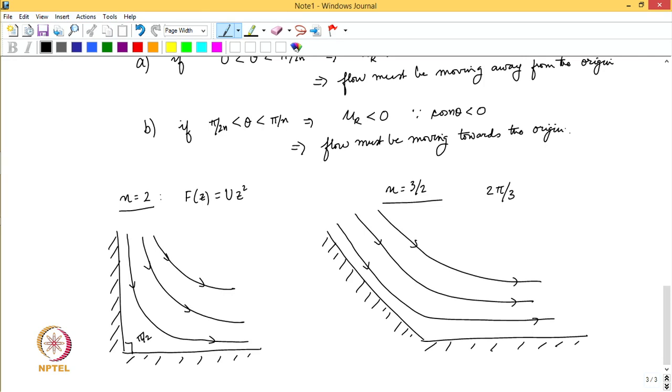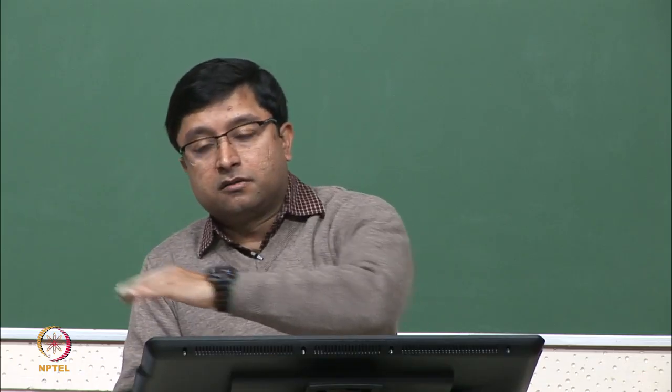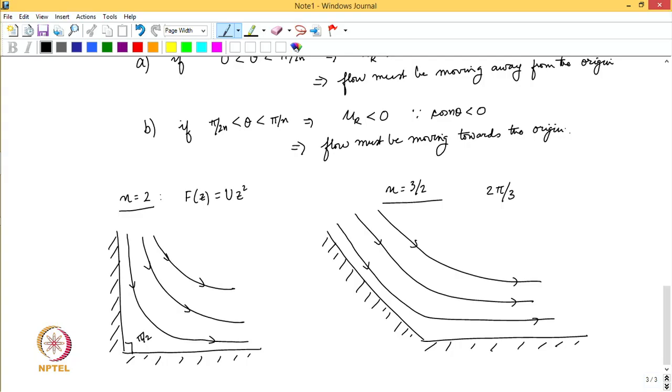Right. So, this is flow down an inclined surface and then it goes along the horizontal surface. So, what we have looked at are these special cases of flow near the intersection of two surfaces. So, that flow can be given by a potential of the type u z to the power n.